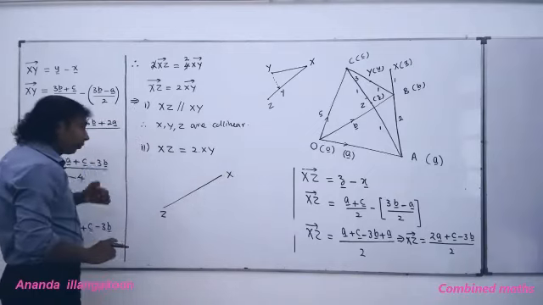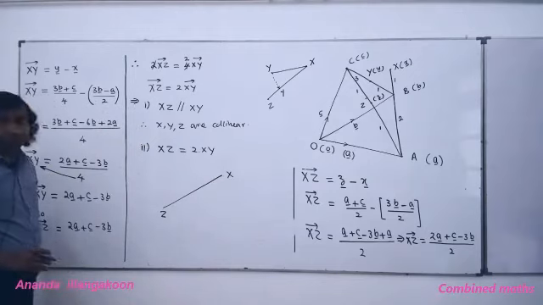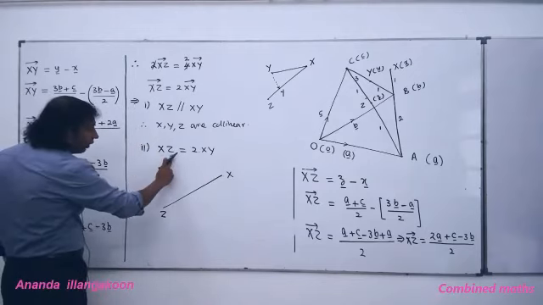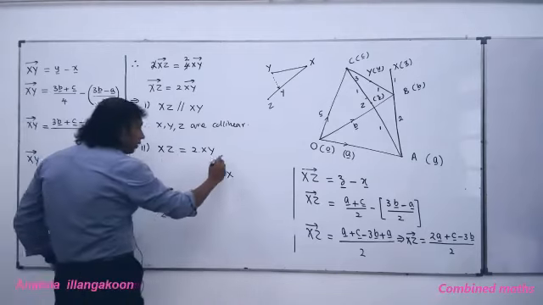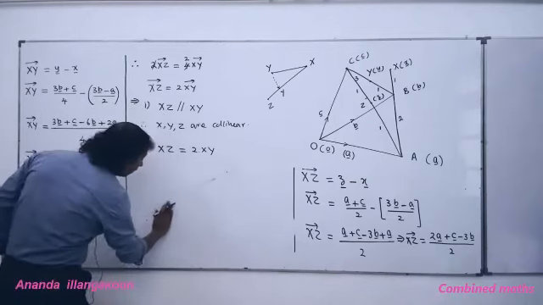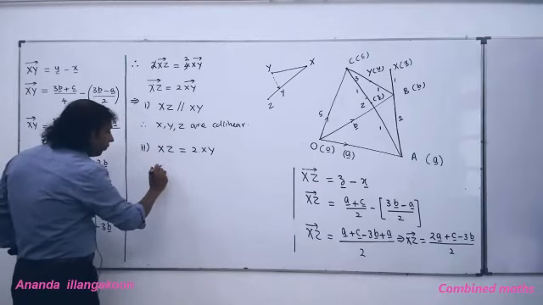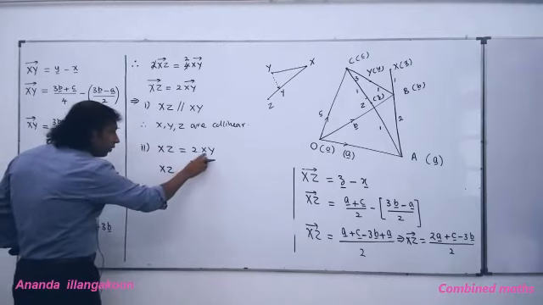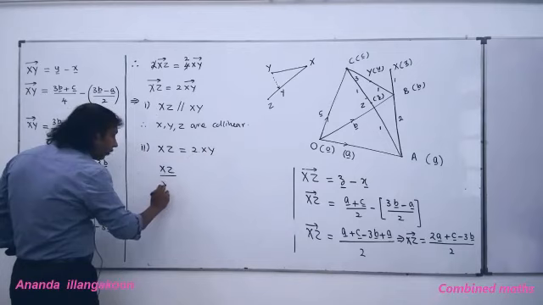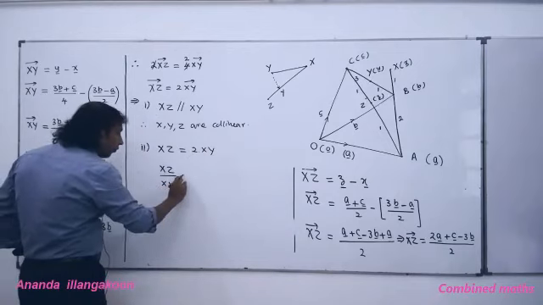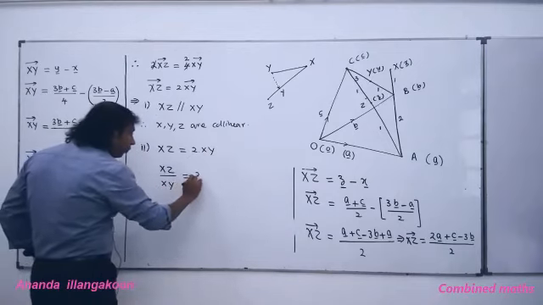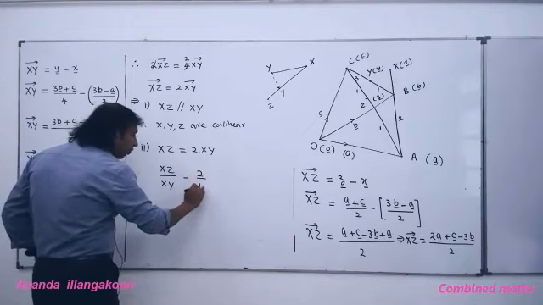I can write this relation another way like this. I erase this one for a while. XZ equals 2 XY. Now we have here 2, and 2 means its denominator is 1, 2 by 1.